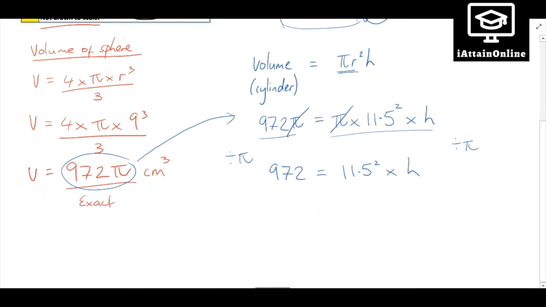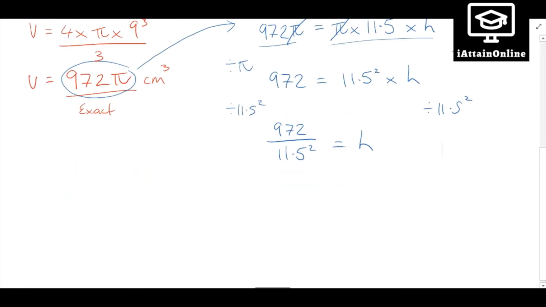Now I want to make h the subject of that formula, because then I can find out the height of this new cylinder. So I'm now going to divide both sides by 11.5 squared. So 972 divided by 11.5 squared is going to give me my height.